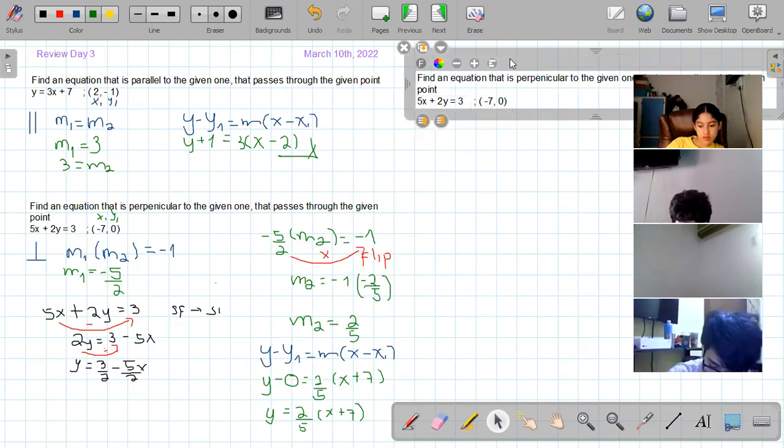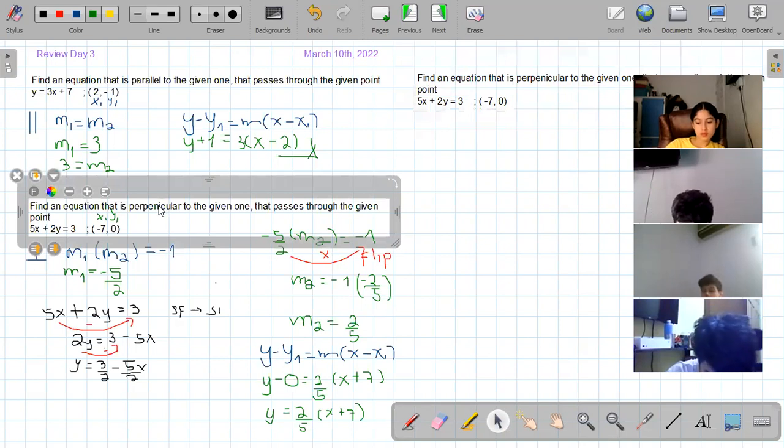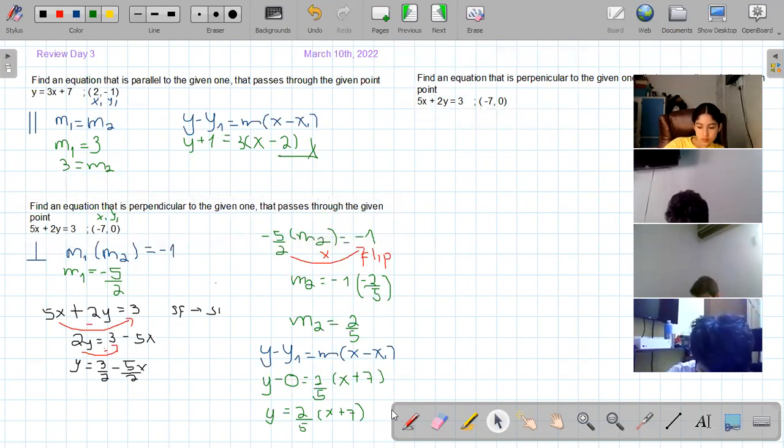Oh, okay. Someone is asking why the 5 has the negative sign when we passed it, if at the beginning it was the other 2. It doesn't matter. Remember, you can have negative 5 over 2. That is the same thing as 5 over negative 2.